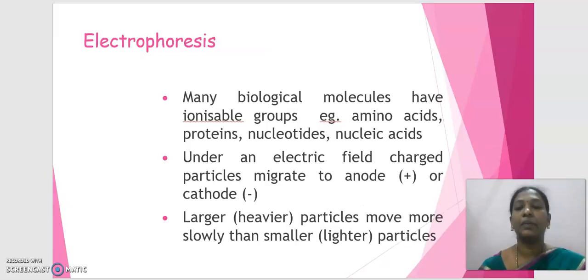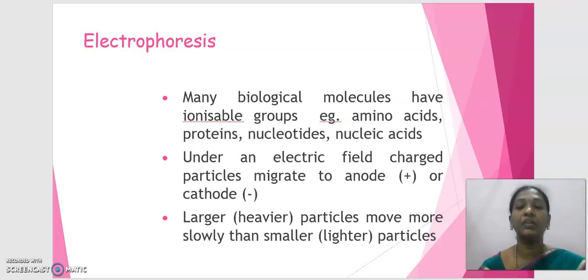Many biological molecules have ionizable groups, that is, they contain charged substances. Examples are amino acids, proteins, nucleotides and nucleic acids. Under the influence of the electric field, the charged particles, both negative and positive, will migrate according to their charges, oppositely charged substances.